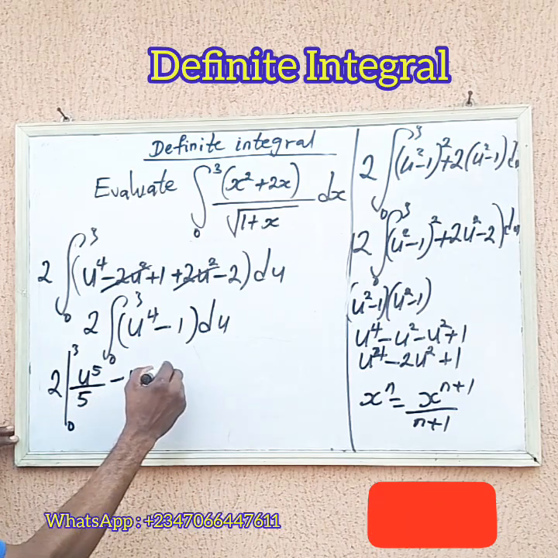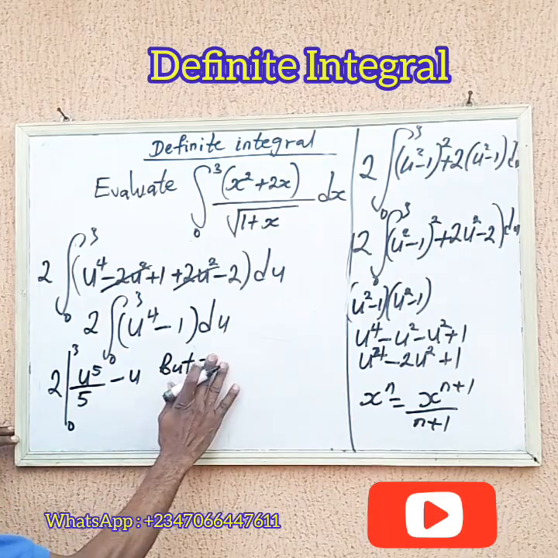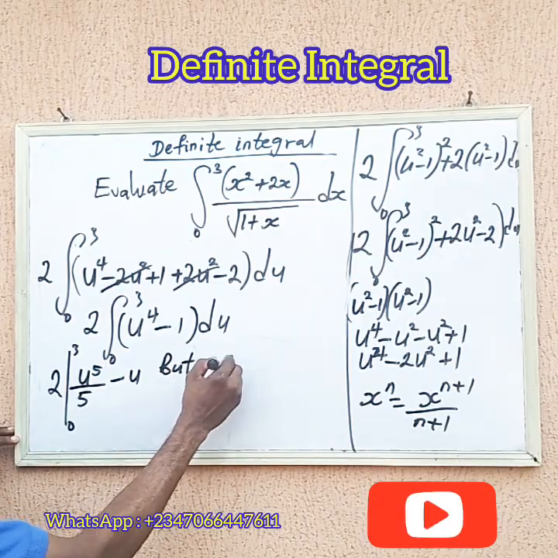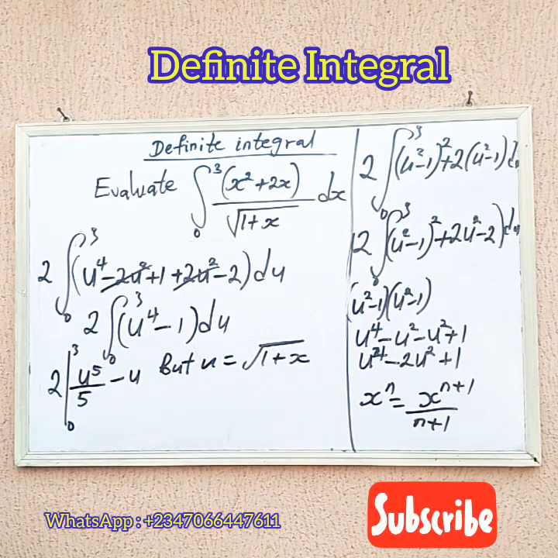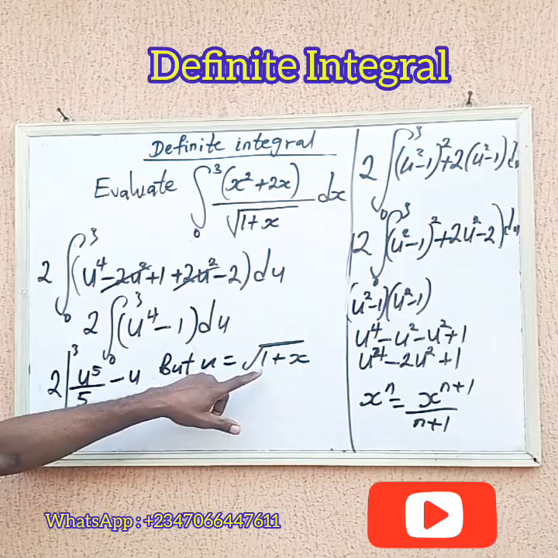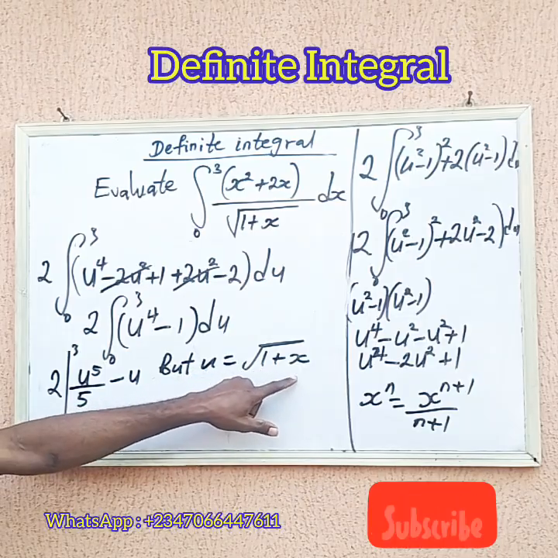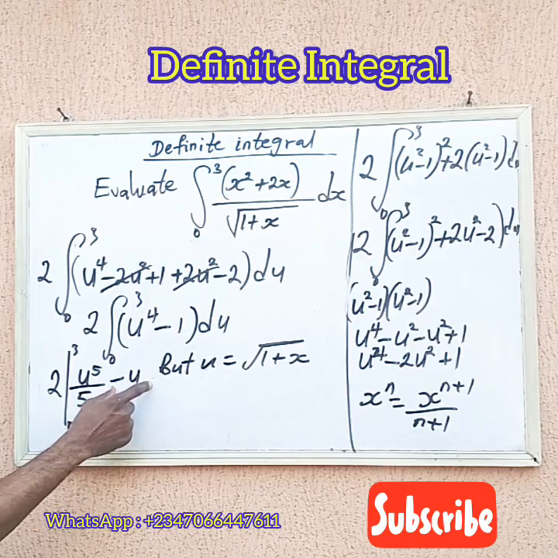Remember that u is equal to the square root of 1 plus x. So that means wherever u is now, we're going to replace it by what? Square root of 1 plus x. So we know that u is equal to what? Square root of 1 plus x. So now let us come and replace it with this.